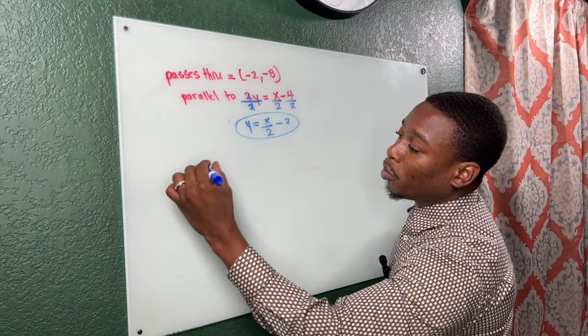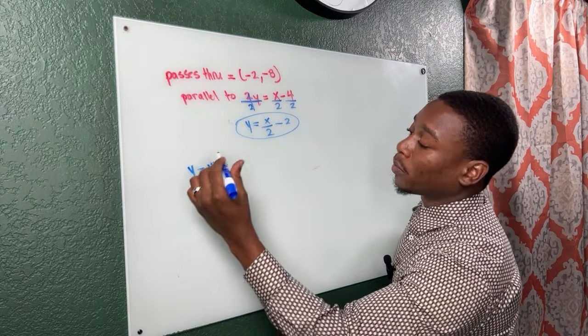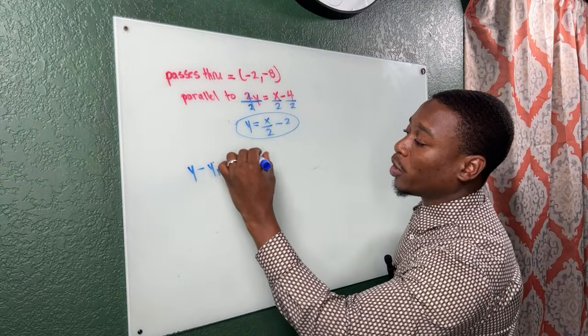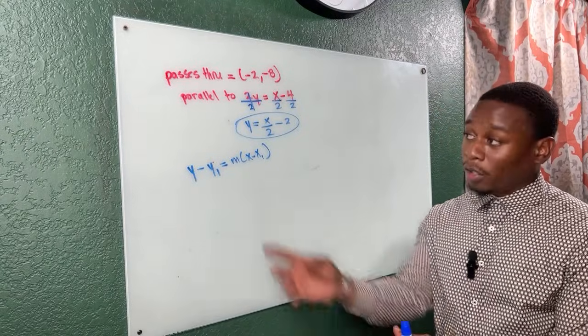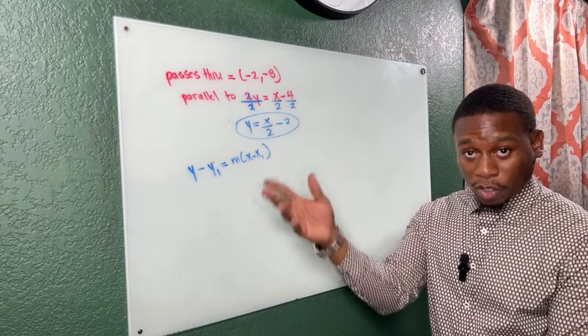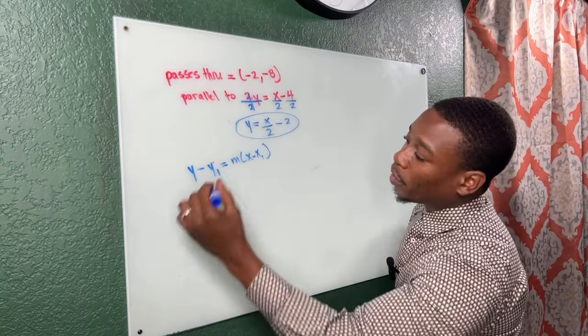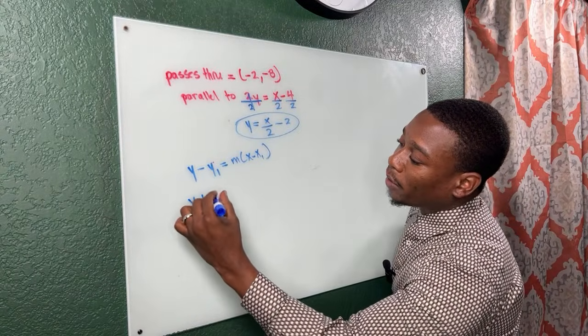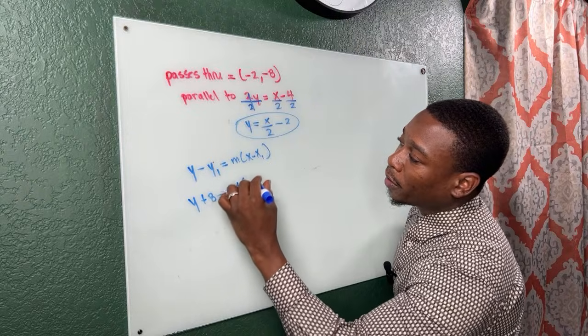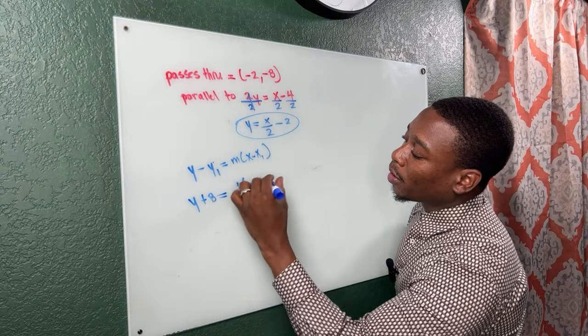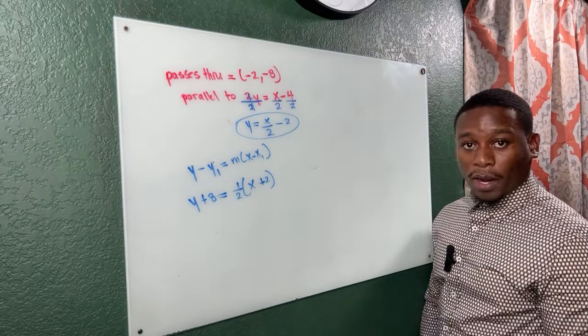So when we go to the point slope formula, right, which is this right here, the new equation, because it's parallel, it'll have the same slope as the equation they told us. So now we just plug in y plus 8 is equal to 1/2 times x plus 2, right?